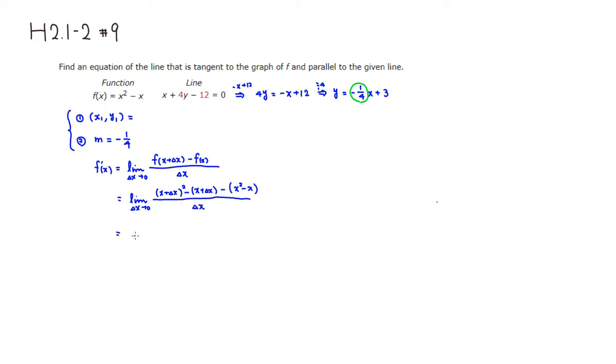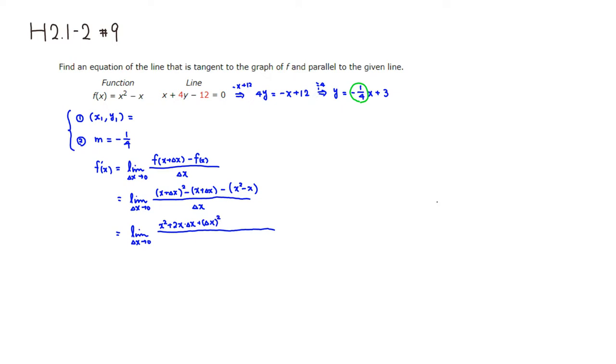Then I'm going to multiply all out. The limit as delta x approaches 0. If you multiply out, we get x squared plus 2 times x times delta x, so it's 2x times delta x, and then plus delta x squared.